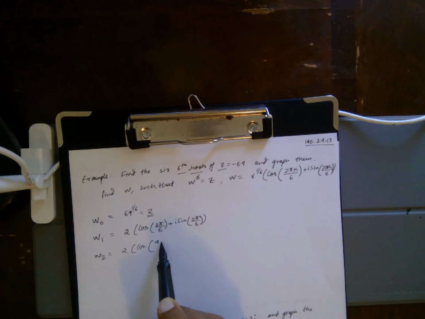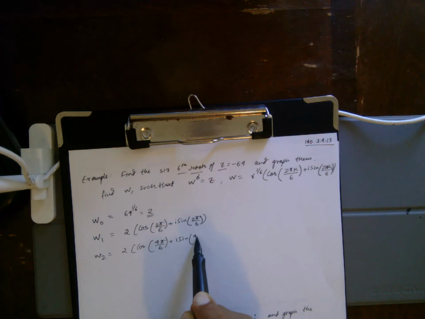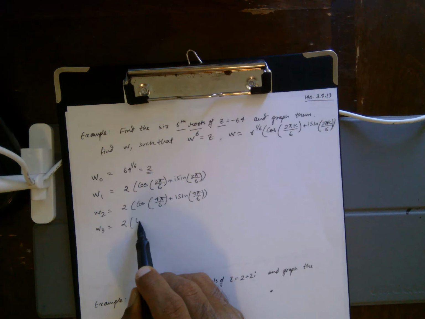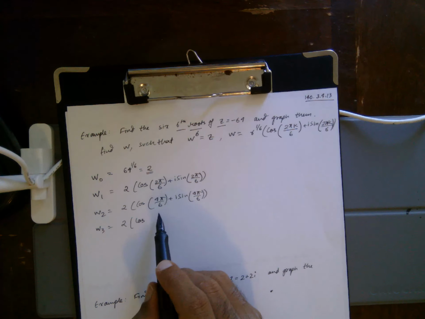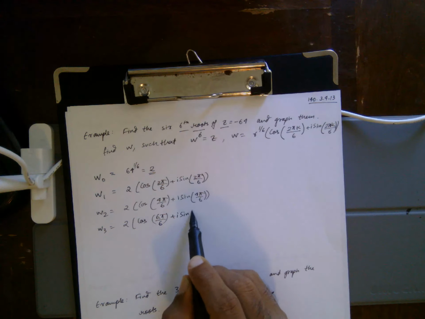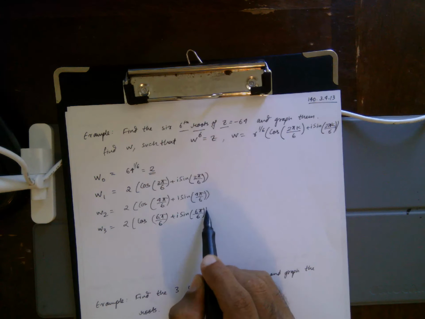W2, 2 times cosine 4 pi over 6 plus i sine 4 pi over 6. W3, 2 times cosine 2 pi times 3 is 6 pi, so 6 pi over 6 plus i sine 6 pi over 6.